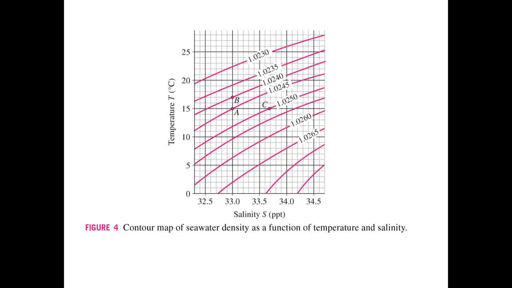The density is changing from 1.0240 to 1.0245. So that density change was a negative 0.0005, right? Per change of temperature, that was from 15 to 17, per 2 degrees.